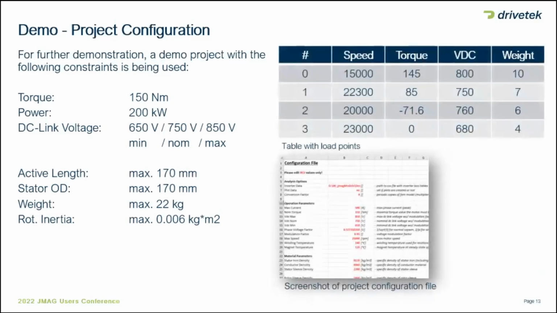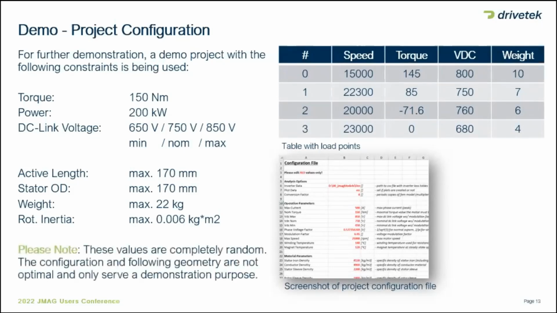Also for this demo, I just set 4 different load points. It doesn't really matter. It could be hundreds of load points. We can evaluate them within seconds using the analytical modeling approach. But it also works, of course, with 4 load points. And just for you to know, the design may look awful. That's because it doesn't represent an actual design.